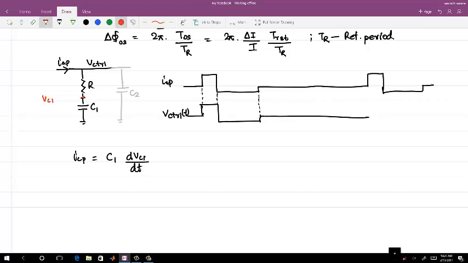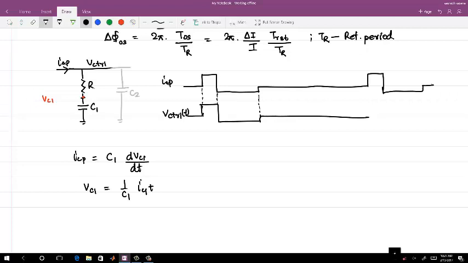So VC1 is going to rise, and VC1 is equal to 1 by C1 times ICP times T. This is constant.